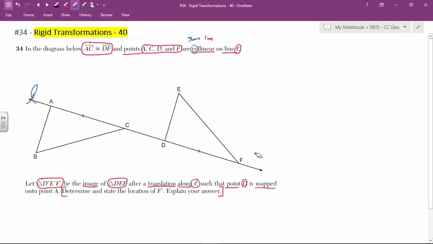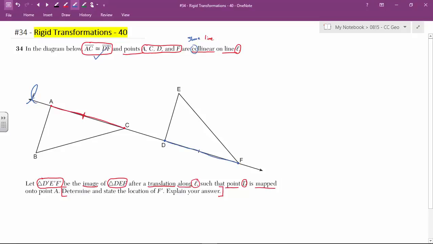So let's start with the first given, that side AC is literally the same length, congruent to side DF. That's what they're telling us here.